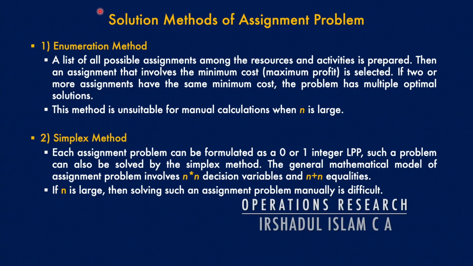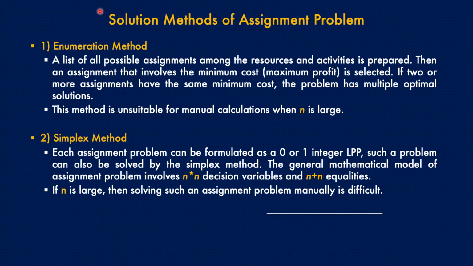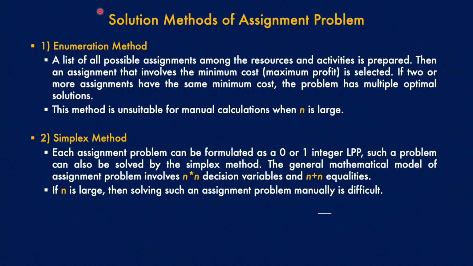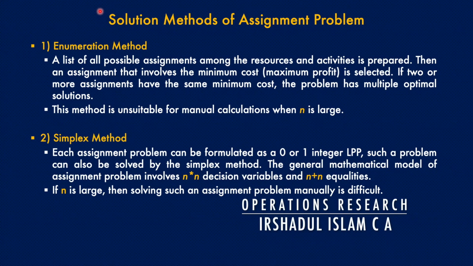Then an assignment that involves the minimum cost is selected. If 2 or more assignments have the same minimum cost, in such a problem we will have multiple optimal solutions. This method is unsuitable for manual calculations when n is large.